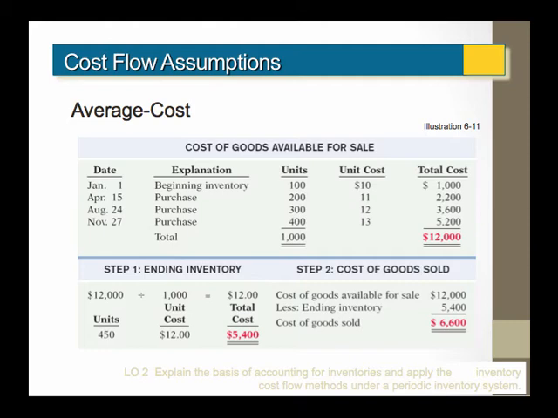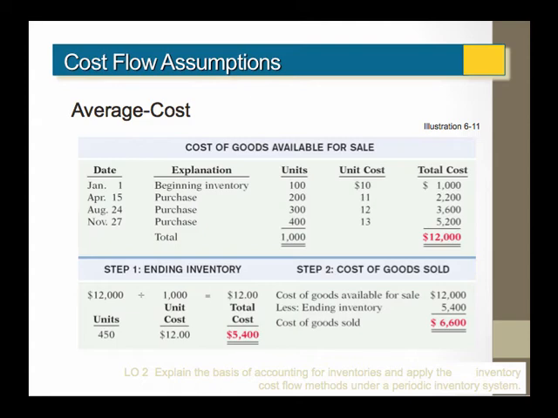So if we had sold 550 items and there are 450 items remaining in ending inventory, we would apply both values against the average cost, $12, to get ending inventory of $5,400, or the cost of goods sold as $6,600.